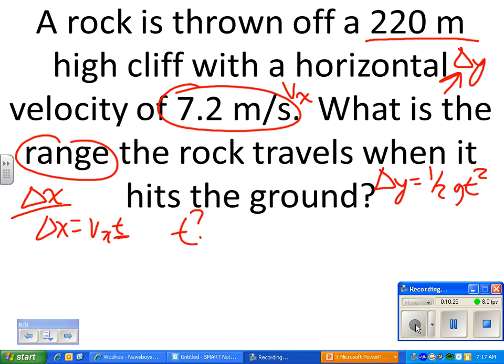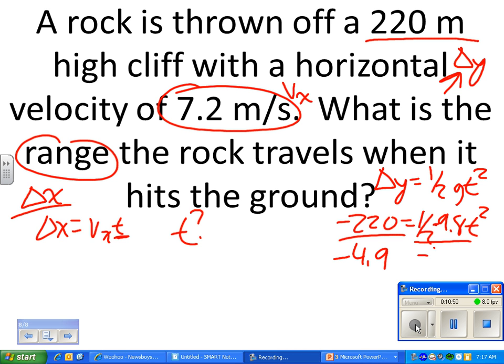All right, so we have 220 equals 1/2 times negative 9.8 times t squared. And this is in the negative direction, so we make that sign negative, -220. So now we do negative 220 divided by negative 4.9, because remember, half of negative 9.8 is negative 4.9.